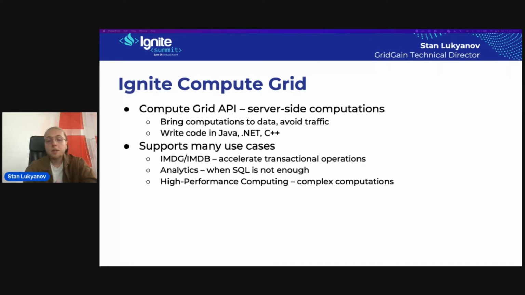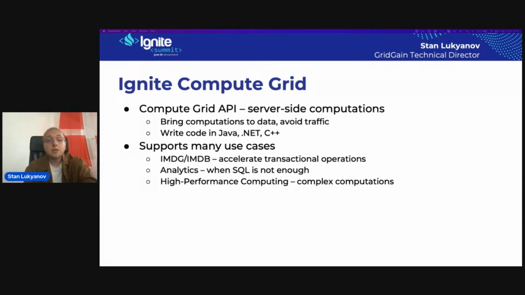Analytical applications can use compute grid when SQL is just not enough. SQL is great, but it is a declarative language and a lot of things are hard to do in SQL, especially complex computational algorithms.